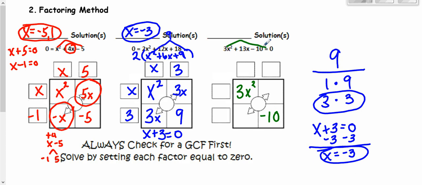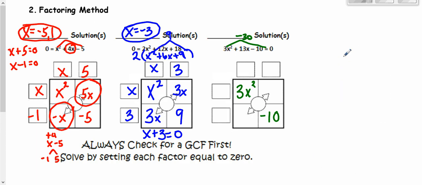I'm looking for two numbers that multiply to give me negative 30. So I'm going to erase this over here. So two numbers that multiply to give me negative 30, and they need to add to give me 13.